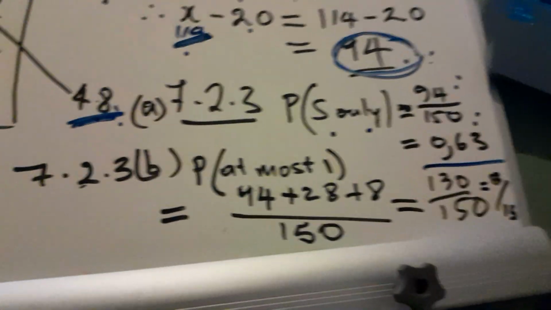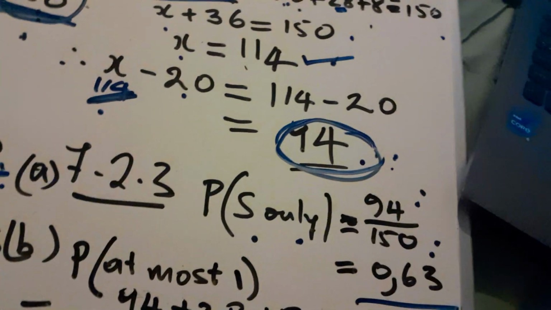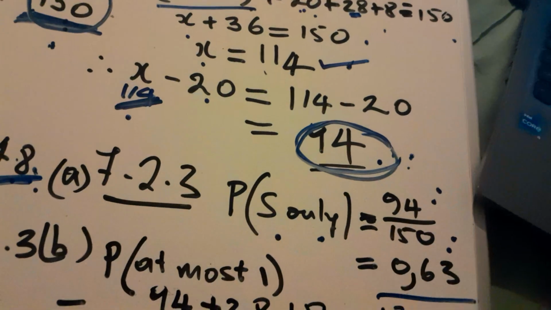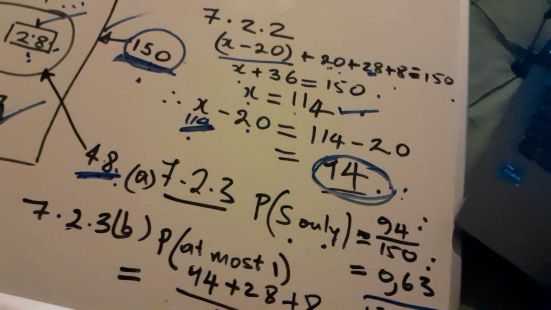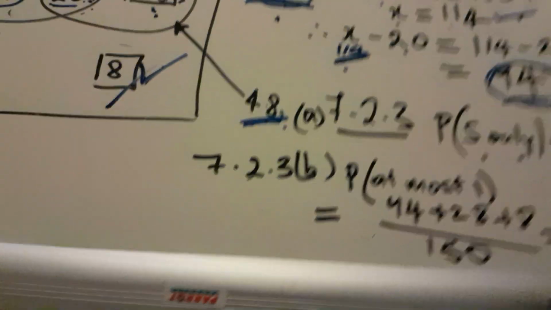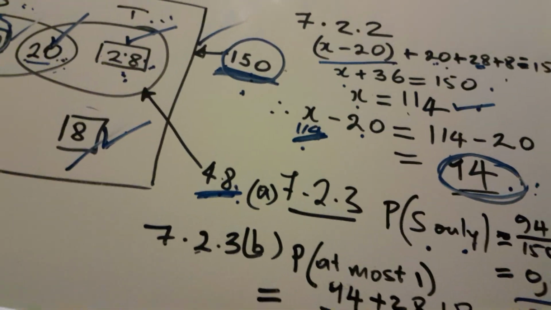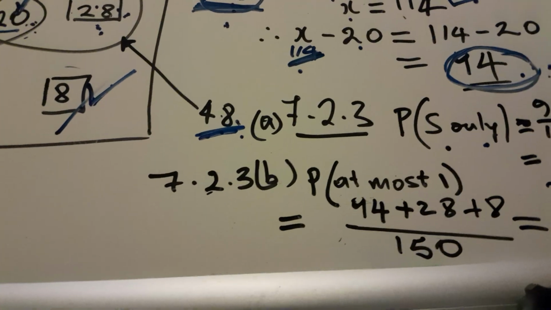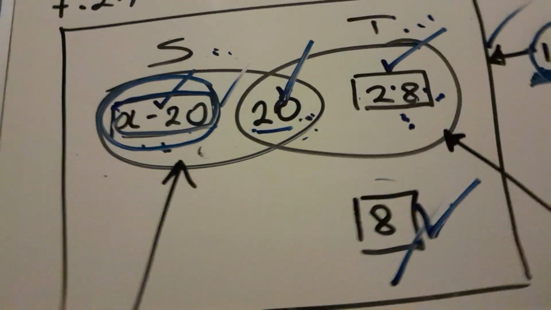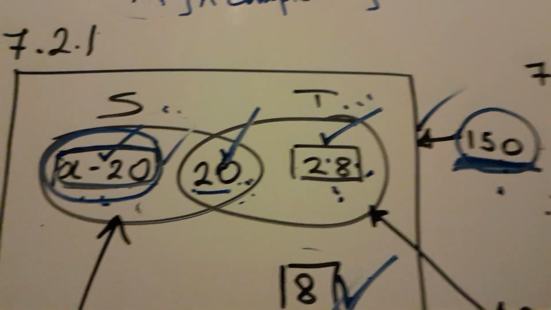Then, for the last question, those who owned at most one type of device. That word, at most, means those who owned one or no phone at all. One or not any phone at all.